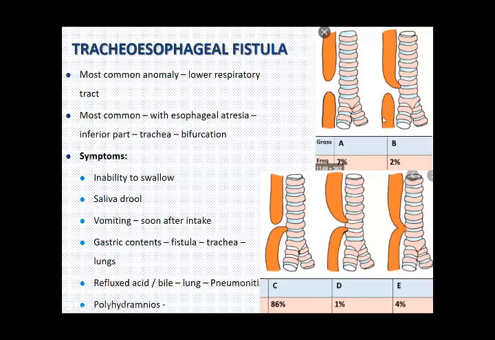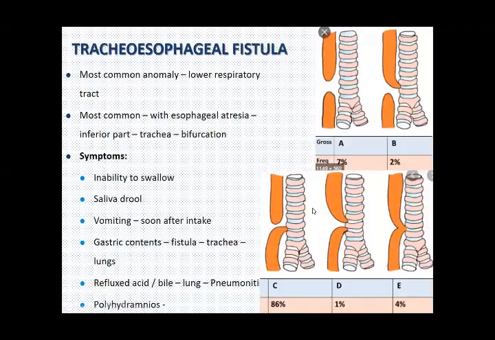The lower end is blind-ended. As a result, whatever the child swallows goes into the trachea. Once again, from the trachea to the bronchi, then ultimately the lungs. Once again, pneumonitis will happen. Here the gastric or duodenal contents, bile etc., will not come out and go into the trachea.